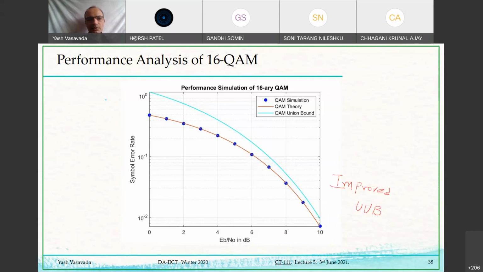This improved union upper bound may look like this. This is a much improved approximation to the actual result.